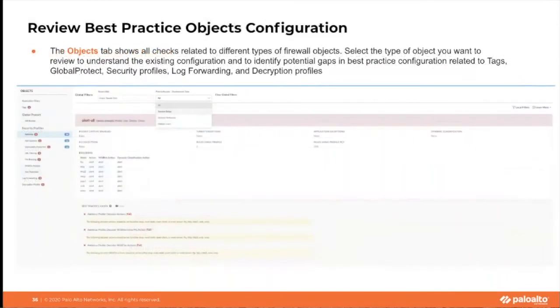Review the best practice object configurations. The object tab shows all the checks that relate to different types of firewall or Prisma Access objects. You can select a deployment type, Prisma Access deployment type. From here, if you have only MUs or RN, you can pick or choose what information you want to look at.